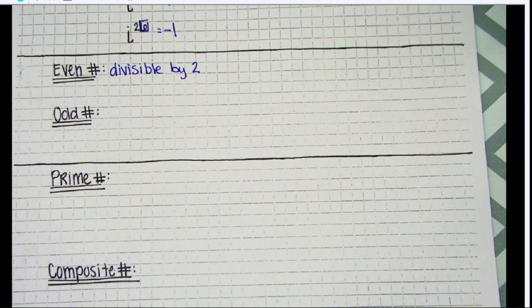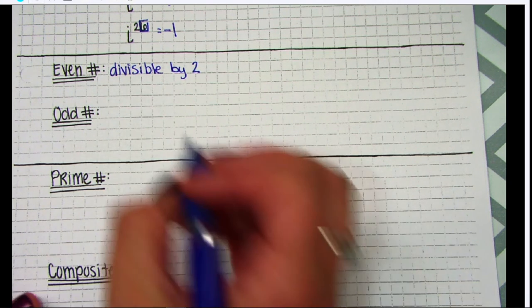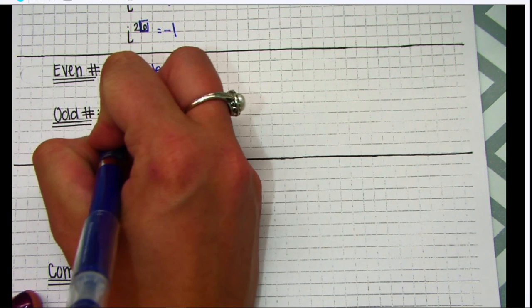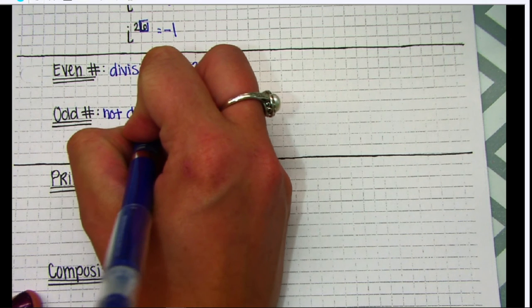So when I do 2 divided by 2, I get 1. 4 divided by 2, I get 2. So no decimals. What's an odd number? Not divisible by 2. Good job.